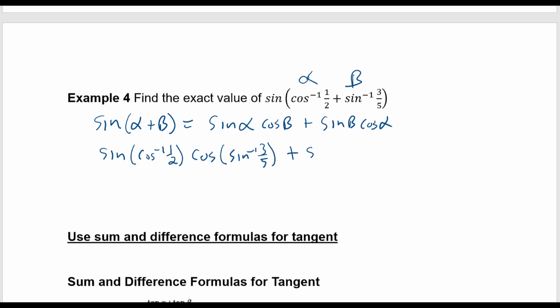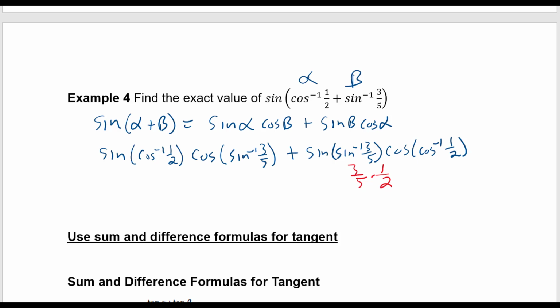Plus sine of sine inverse of 3/5 times cosine of cosine inverse of 1/2. Now the second part's not so bad because these just cancel. That's 3/5 times, and this cancels, 1/2. But over here it's going to be a little different.